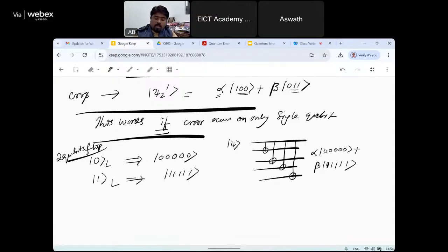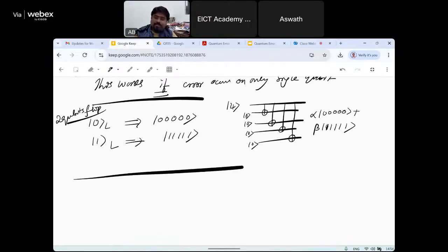Beautiful. This is how I will tackle all the errors that occur. Now, again, this has some drawback obviously because I have to increase the ancilla qubits as many as needed depending on the errors occurring in the system. Now that is a bit flip error for you.